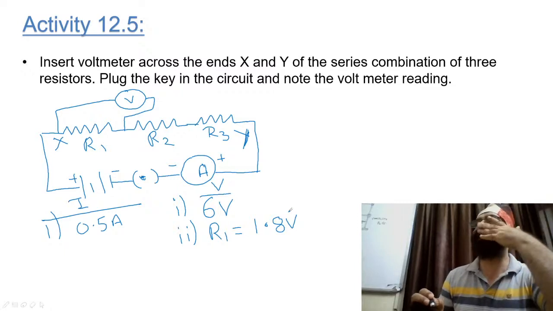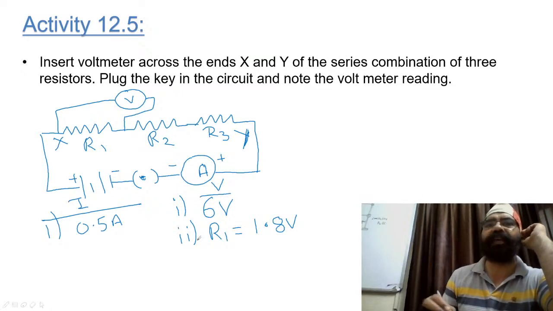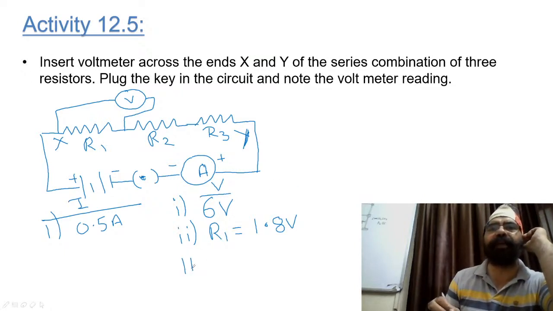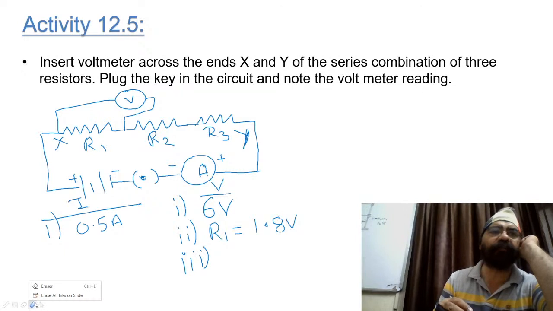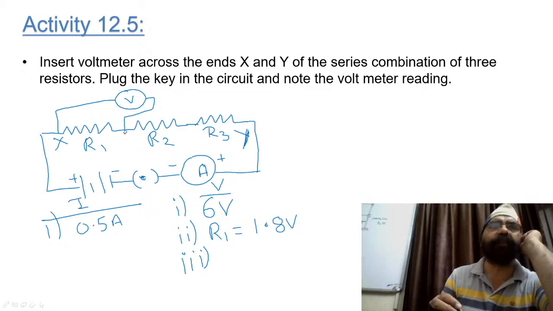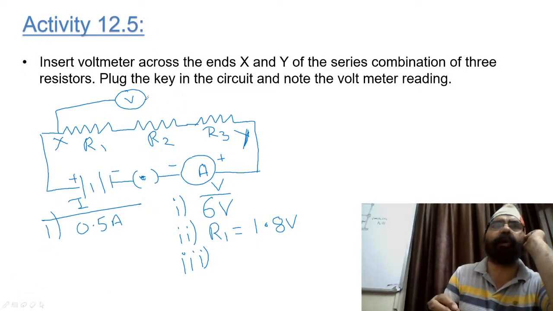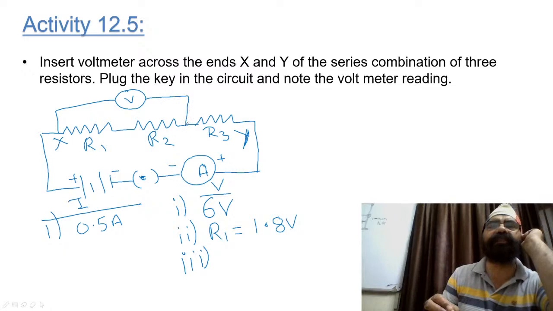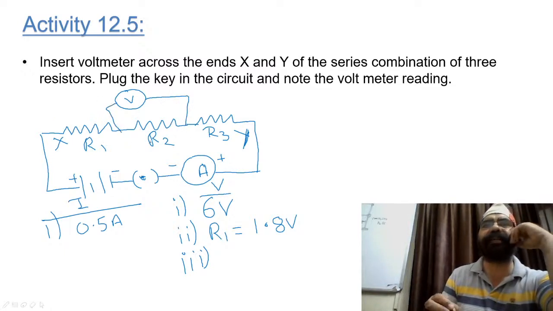I change the position of the voltmeter and the reading has changed. Now I take my third reading by changing the position. This time I remove it from here and connect it over here, which means now only across resistor 2.